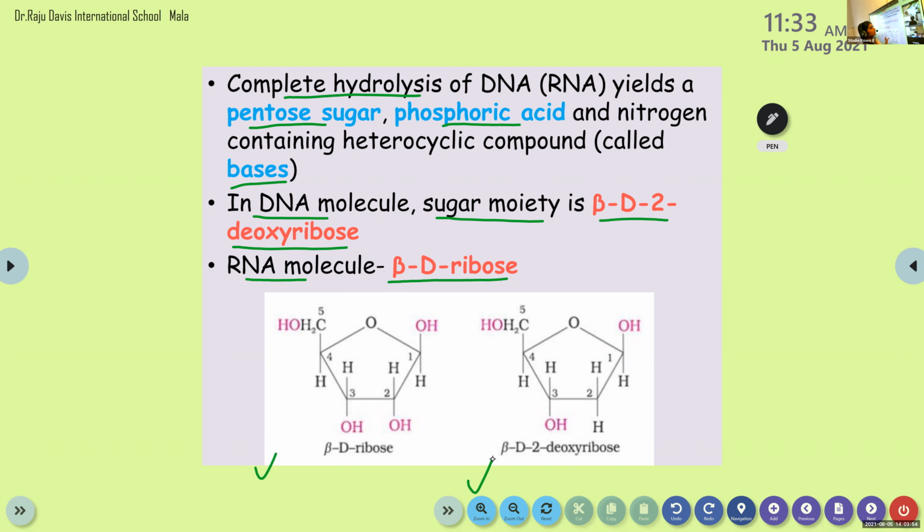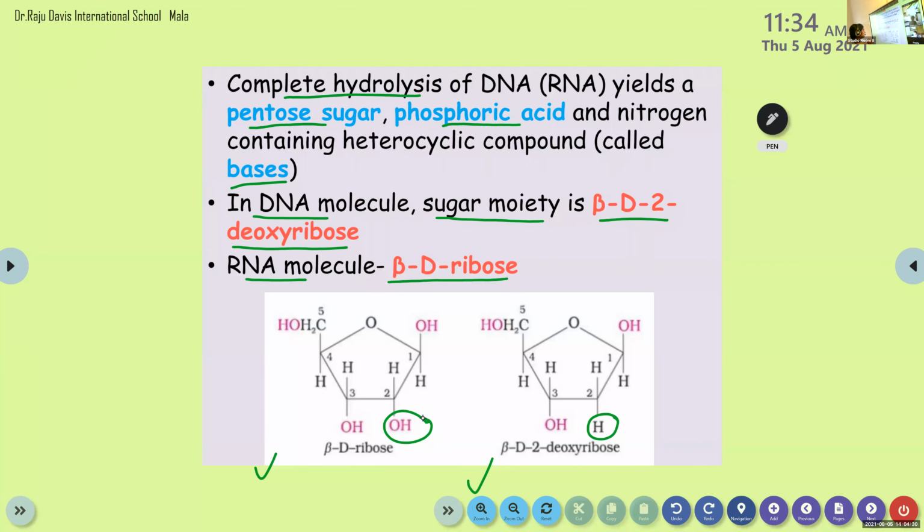These two are the structures of beta D ribose and beta D2 deoxyribose. You can copy this from the textbook, otherwise it will take more time. The only difference between these two is that here it is hydrogen and here it is OH. All other groups are the same. Sugar moiety means sugar group. So the pentose sugar present in DNA is known as beta D2 deoxyribose.